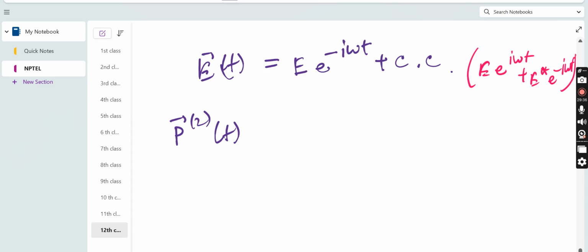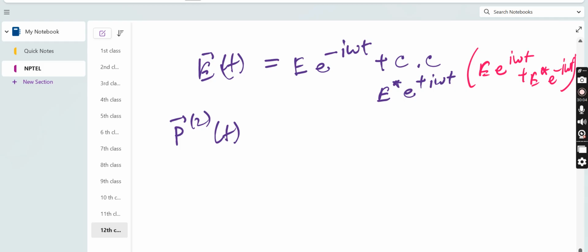Here it is e to the power minus i omega t, and this will be E star e to the power plus i omega t. So both are correct, but when you follow one notation, you should follow the same notation throughout, not the course, but throughout one particular calculation at least.